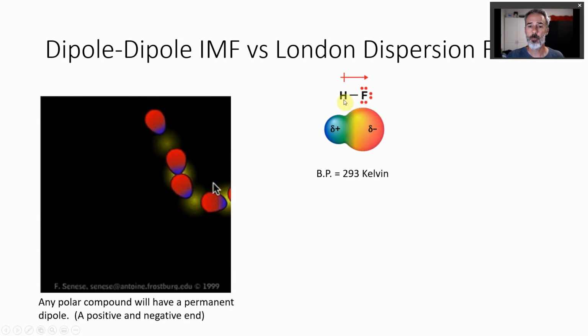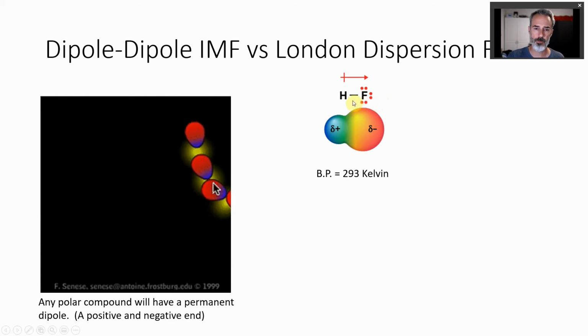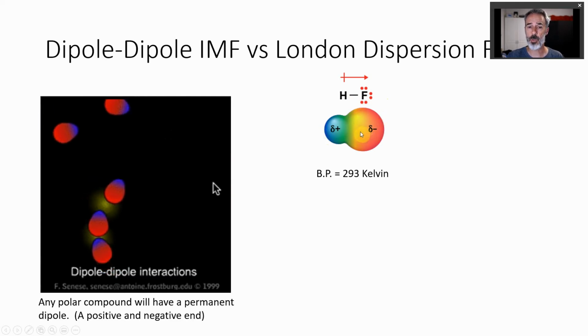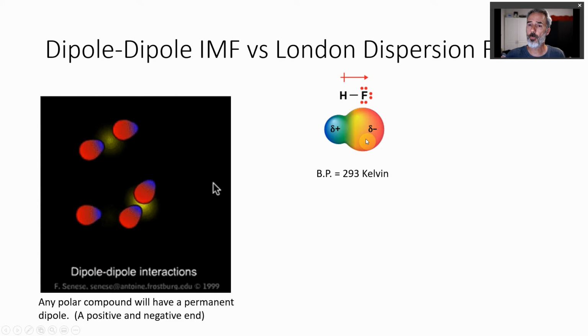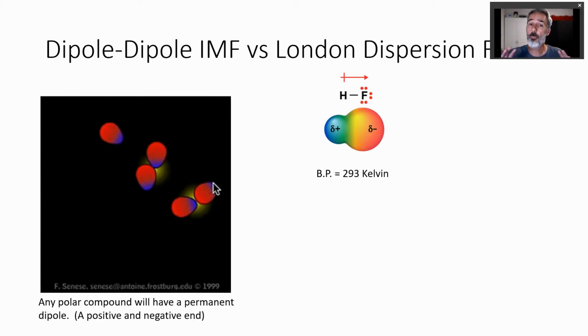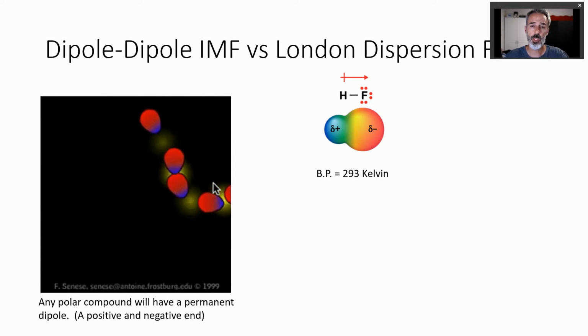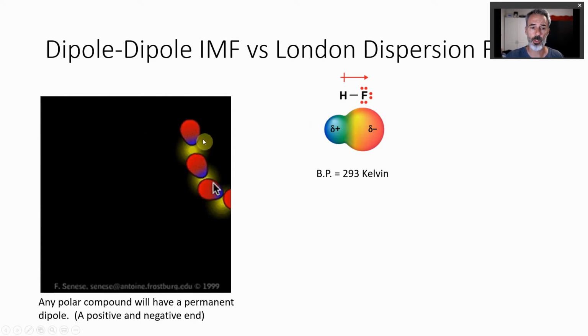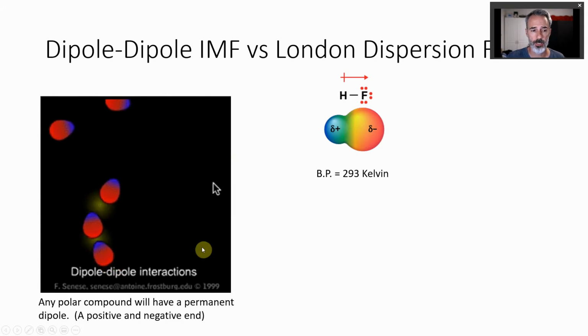Hydrofluoric acid. Because fluorine is much more electronegative than hydrogen, there'll be a permanent dipole where you separate the partial positive and negative charges. They're still partial positives and negatives, but they're going to be set up that way permanently. So it's an example of a molecule that could interact in the way this diagram is showing, through dipole-dipole interactions.